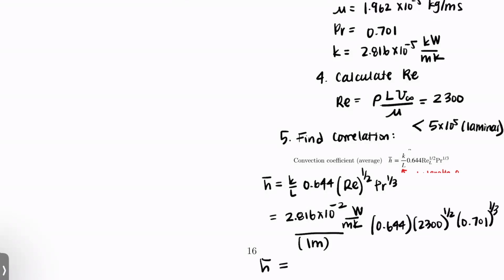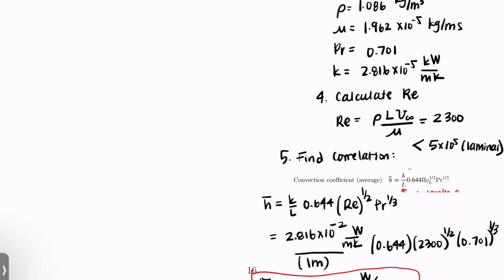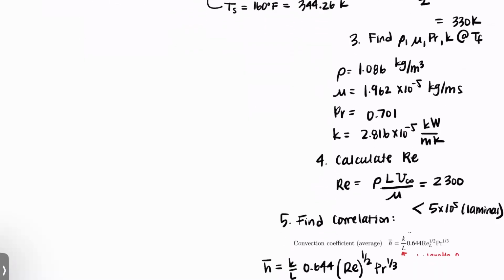All right, and this gives us that H bar is 4,446.3 watts per meter squared K. So we have found H, that's good, but we need to plug this into Newton's law of cooling to figure out our Q dot value.